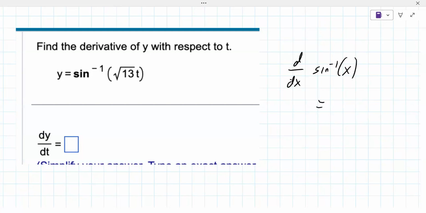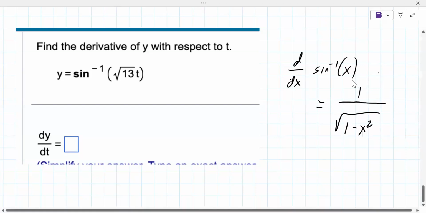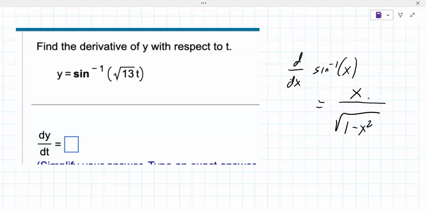Is it x prime over the square root of 1 minus x squared? So did you say x on top? That's kind of right.